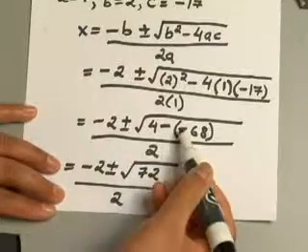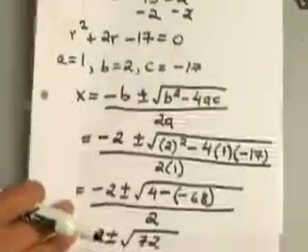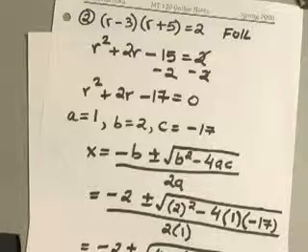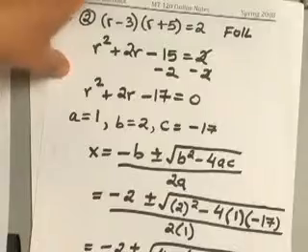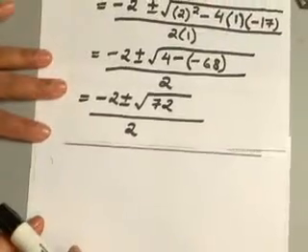Okay, 4 plus 68 will give you 72. Now again, you want to go ahead and simplify your radical first before you can start solving this. So let's see how to do that.